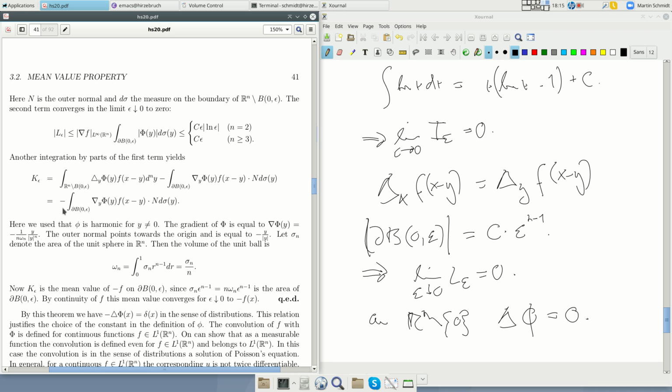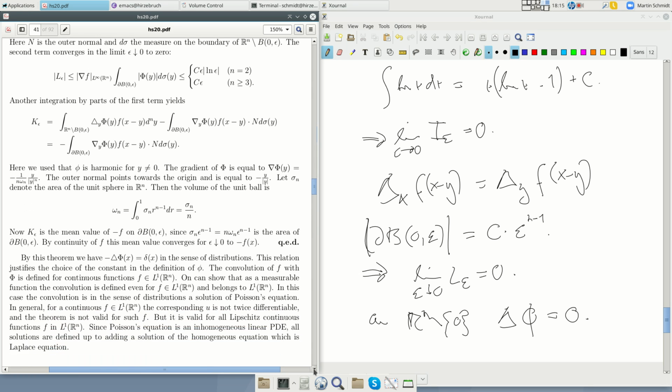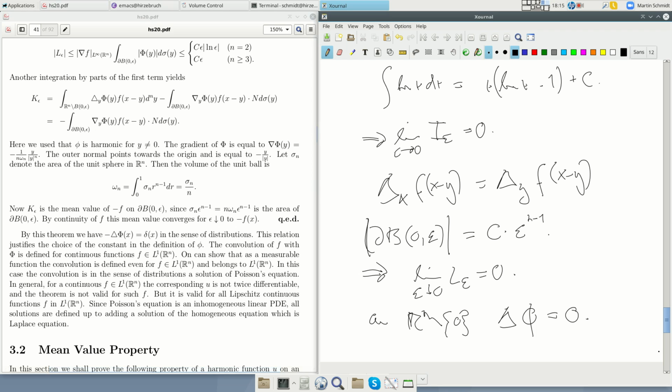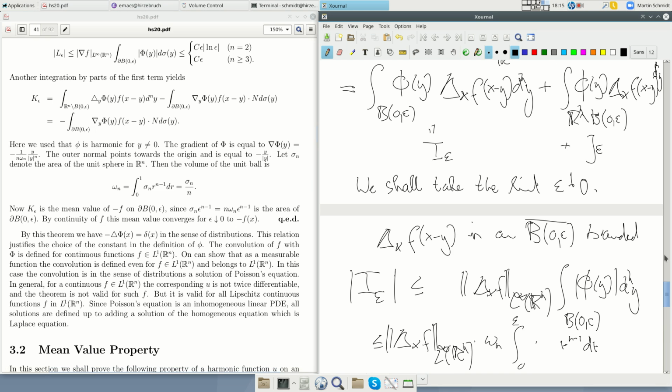So this is now our result, and this means we now have to calculate this expression. So first, let's calculate the gradient of our function.